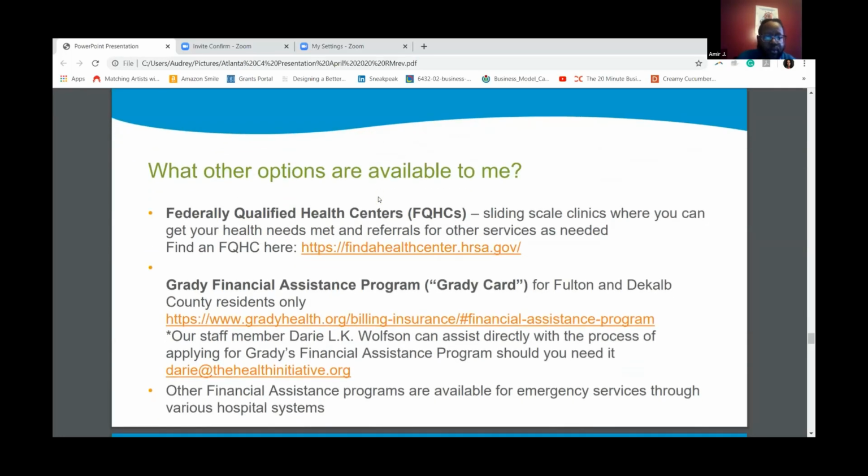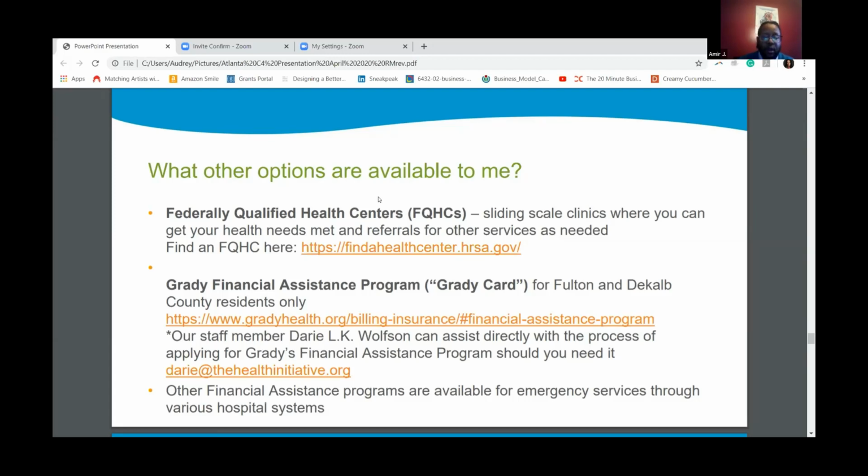I touched on both of these programs briefly. The Grady card is available for Fulton and DeKalb residents, which allows you access to all of Grady's health centers if you are in those appropriate counties in the metro Atlanta area. There are other hospitals such as Gwinnett Medical that have a similar program as well.